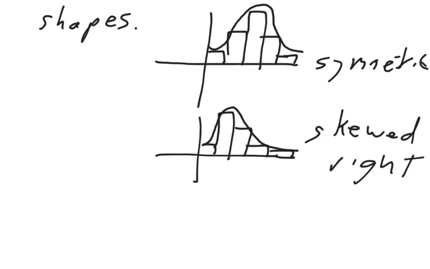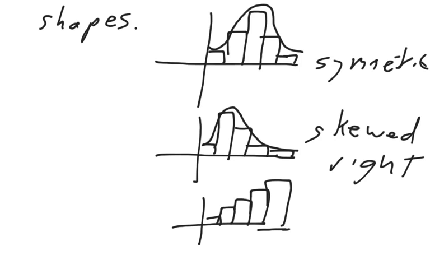Anytime the tail is off in a direction, that is the way that it is skewed. And finally, if we have something that looks like this, we have something that is skewed to the left.